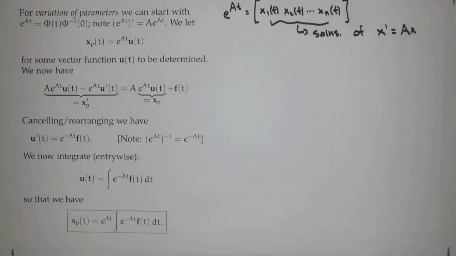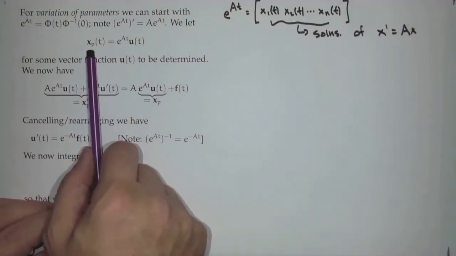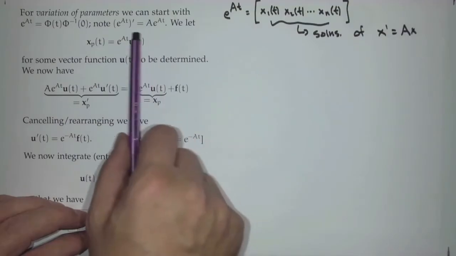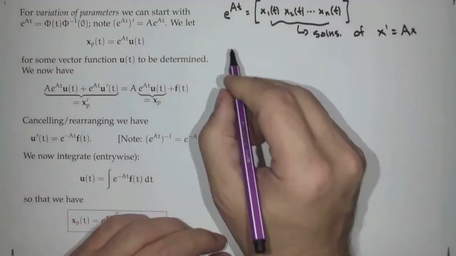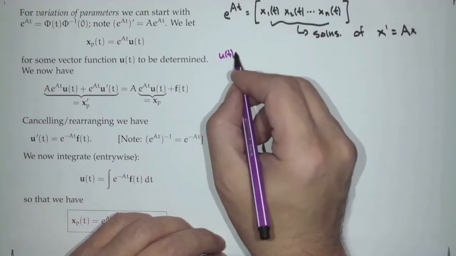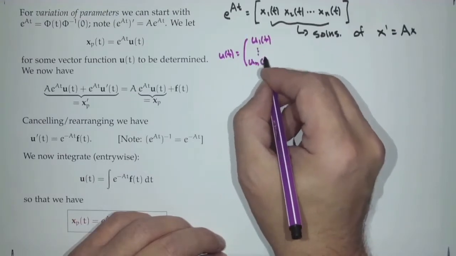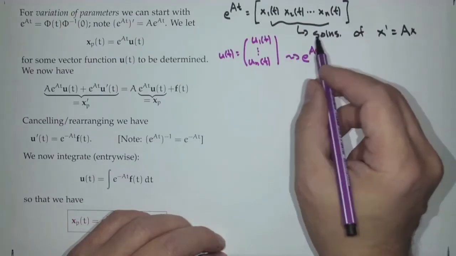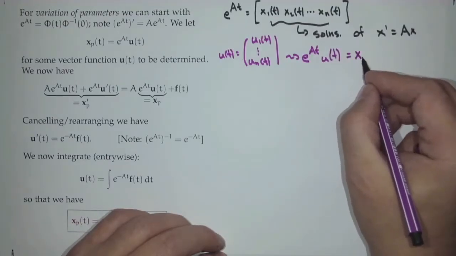Now, what do we do? Well, we say, let's make our particular solution have this kind of form. So it's e to the At times some to-be-determined vector u of t. And you might say, wait, is that really what we should be doing? Well, if I think of the vector u of t, with my functions u1 of t down to un of t, then if you think about e to the At, which is this matrix, times this vector u of t, you're really doing combinations of your functions.